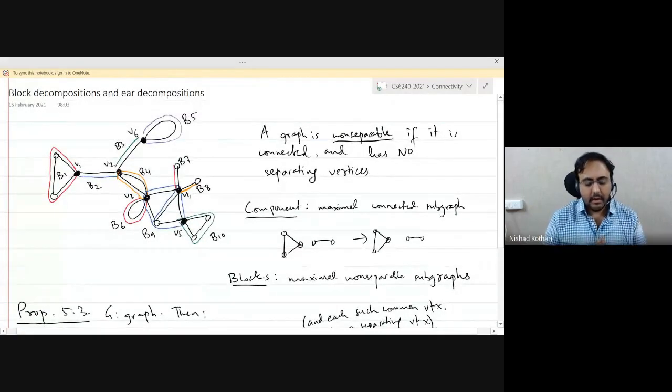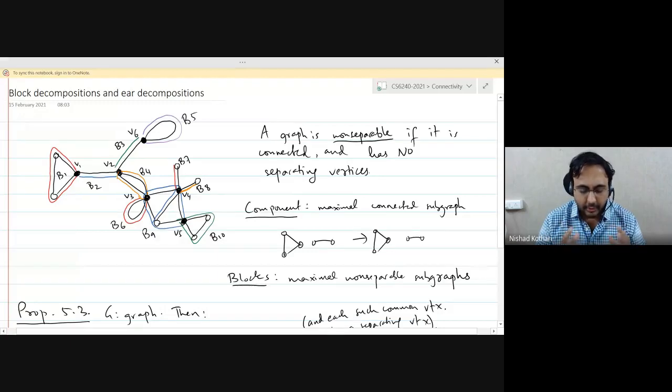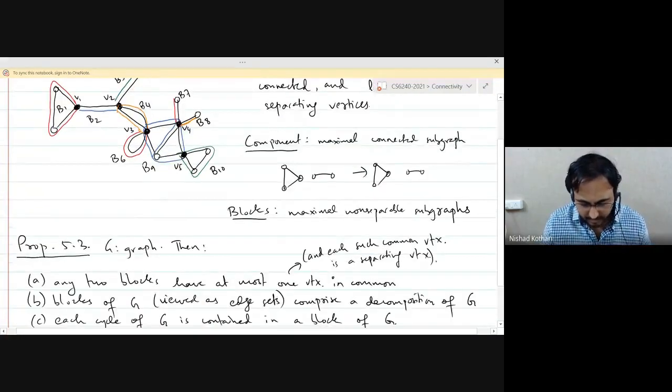Right. And now what you can also do is you can define a bipartite graph, which is not only going to be bipartite, it is actually going to be a tree called the block tree of the graph. Okay. And the way you do it is, this is a slightly big example, so I won't make the whole.